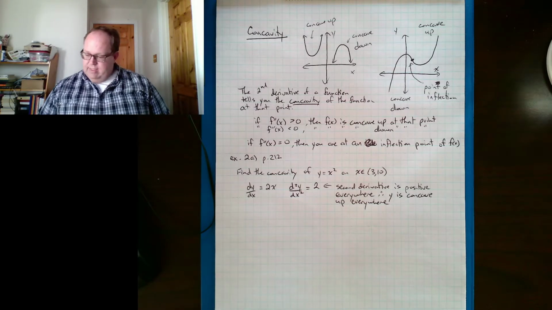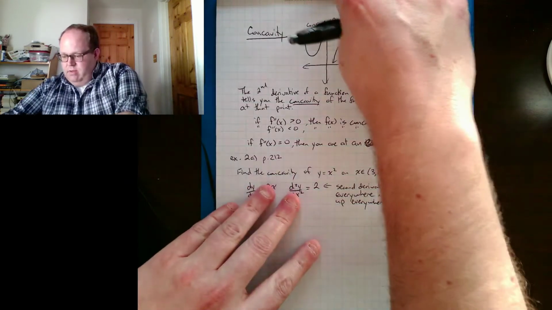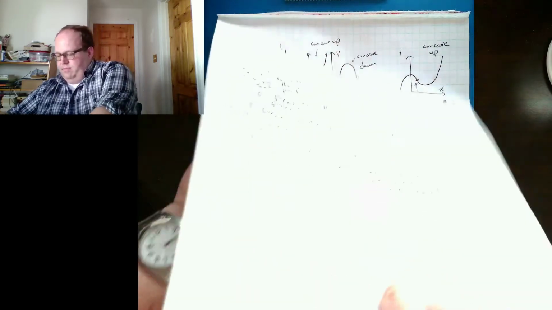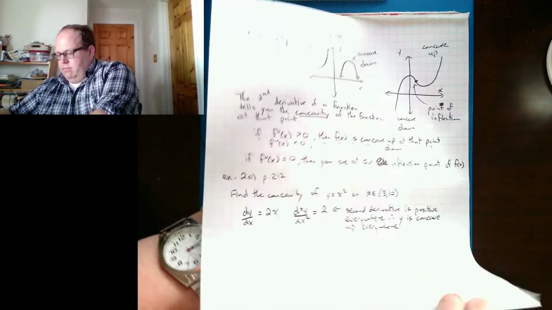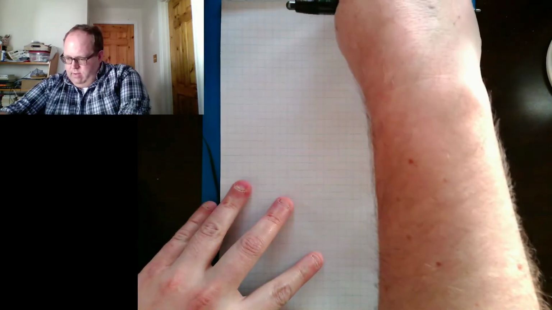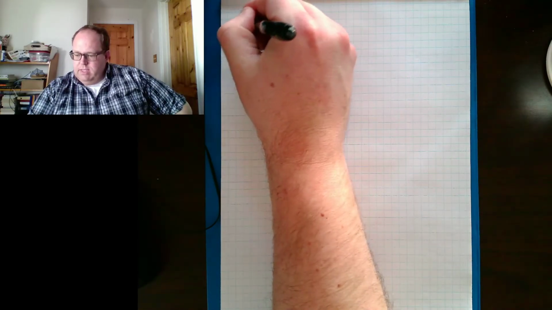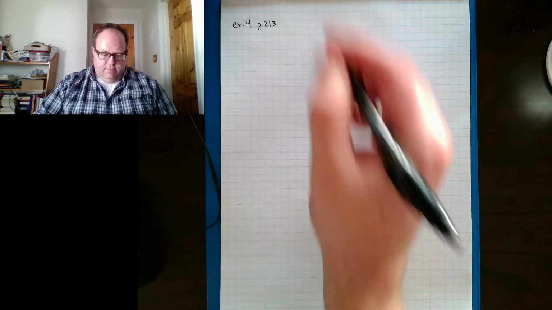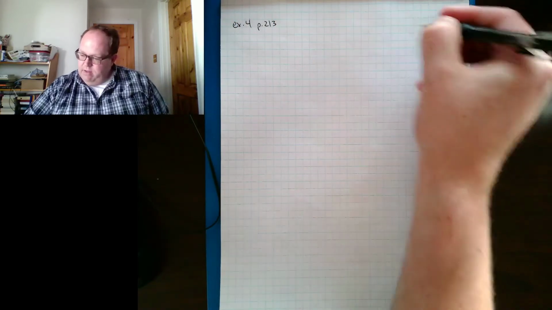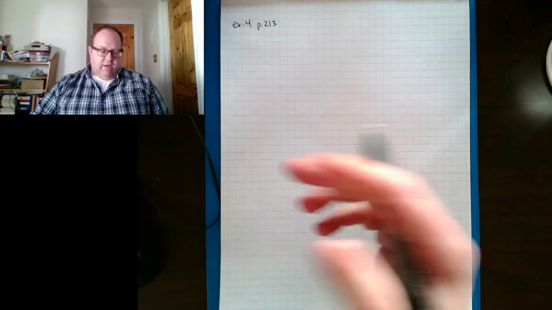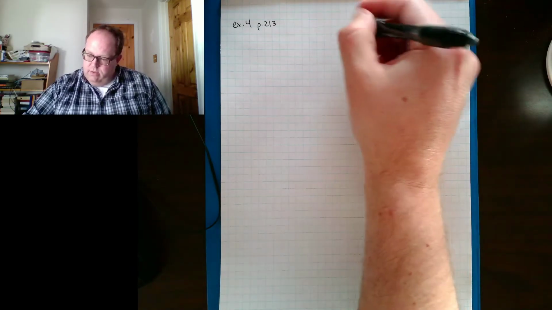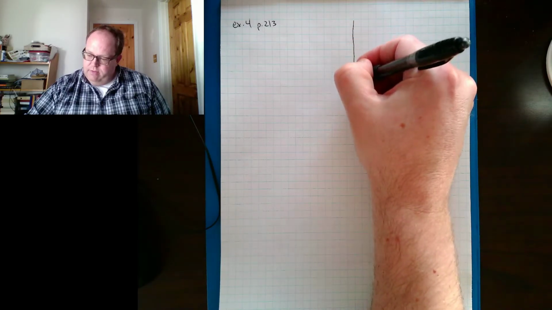Now I'm going to take a look at example 4 on page 213. We're going to want a little space for this. Okay. So example 4, page 213. And in this one we are just given a graph to look at. We're asked to connect that to other graphs. So we're given a graph on a closed interval from -4 to 4.